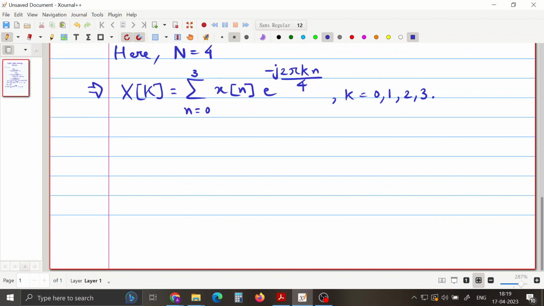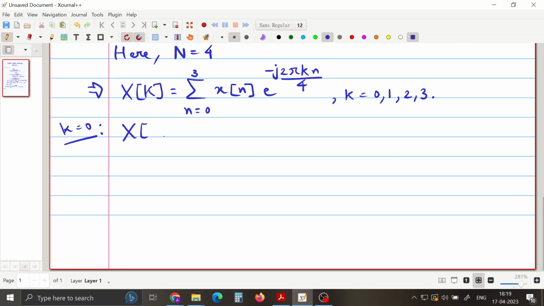This is the DFT. Now all we need to do is put k equals 0, k equals 1, 2 and 3 and calculate the DFT coefficients, that's it. Okay, and we will have the answer. So let's do that. If I put k equals 0, what do I get?